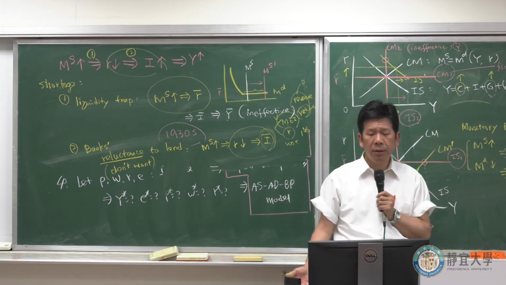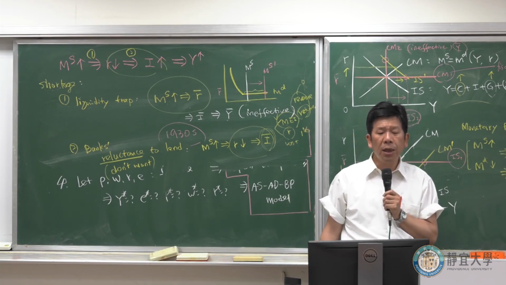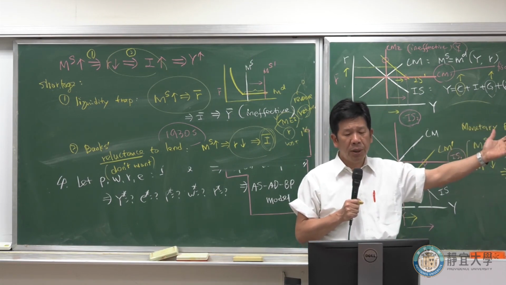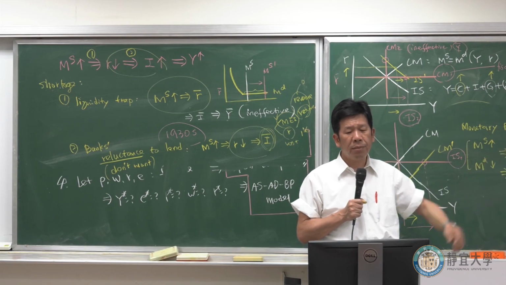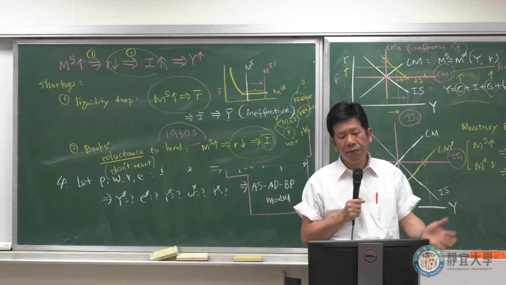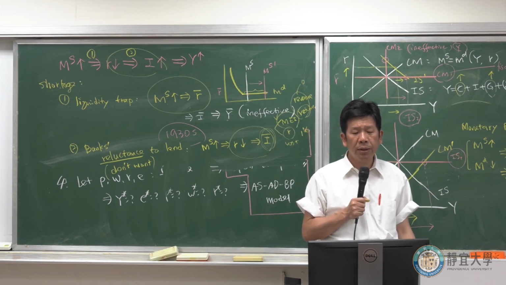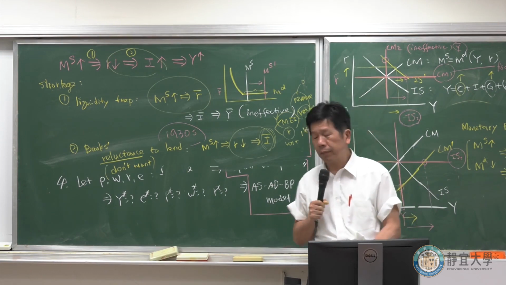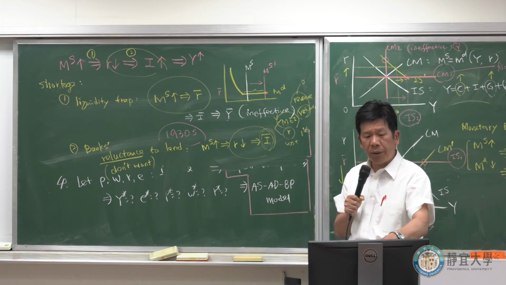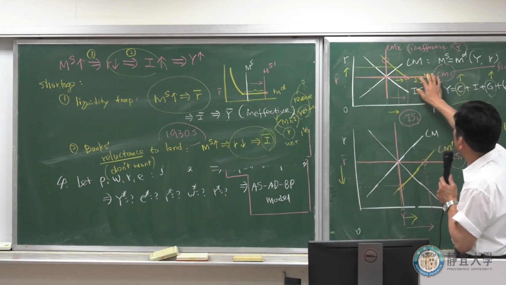Okay, and the other, this is the classical case. Sometimes we also consider the opposite, the horizontal LM. It implies the monetary policy cannot affect the level of income. So here you can look at the horizontal LM and the vertical LM.